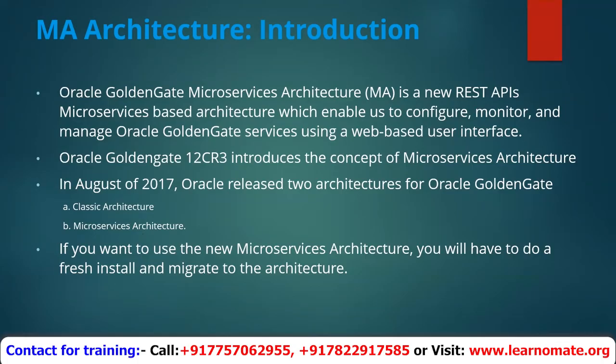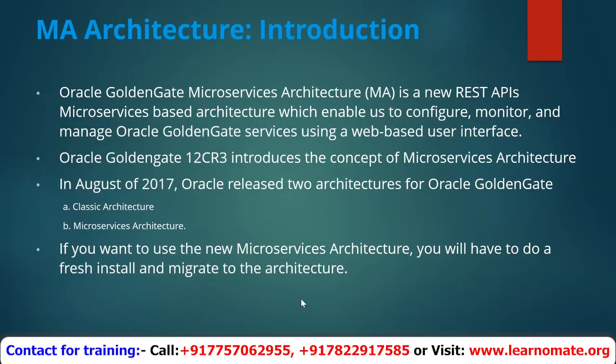Now, if you want to upgrade to the new microservices architecture, you have to do a fresh install and migrate to the architecture. Say for example, right now you have classic and you want to upgrade to microservices, you will have to do an out of place upgrade. So you will have to do a fresh install and migrate.